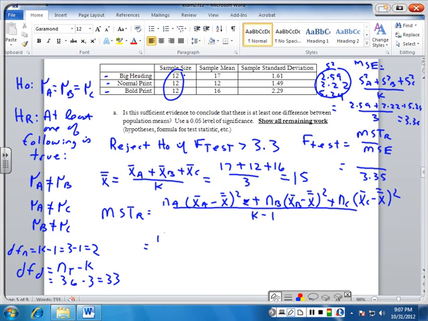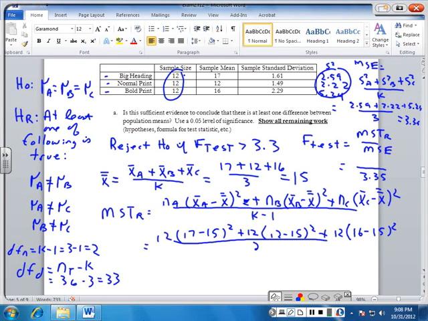So we have 12 times, let's see, that'll be 17 minus 15 squared, plus 12 times 12 minus 15 squared, plus 12 times 16 minus 15 squared, over 2.